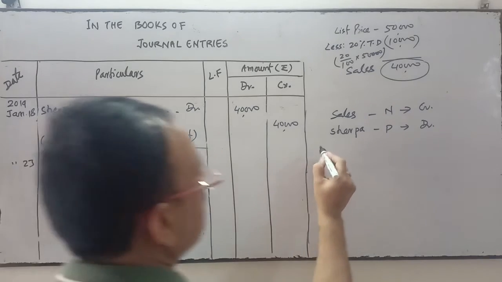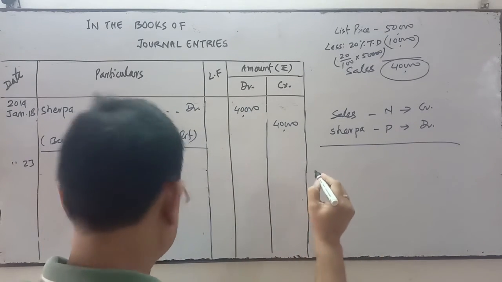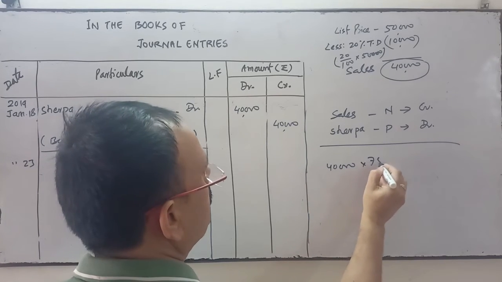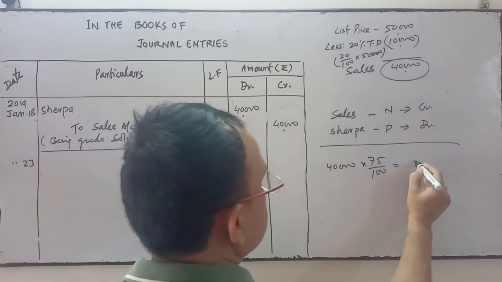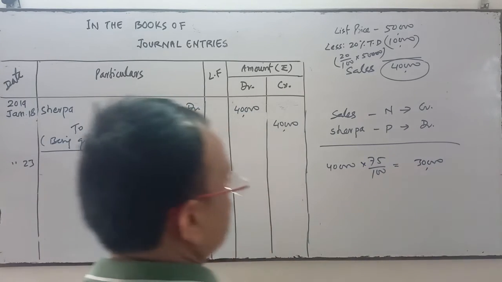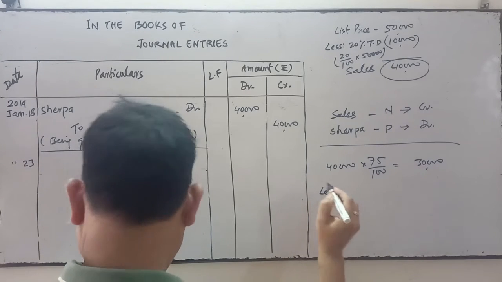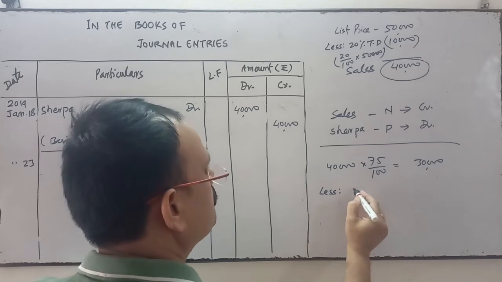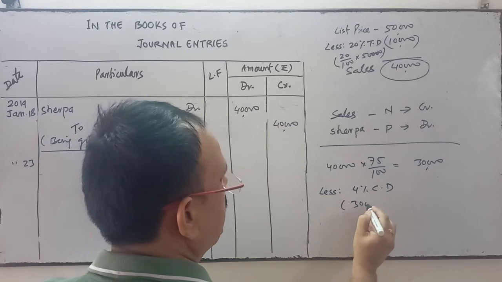On January 23rd, when we are going to do the entry, 75% amount is received. 75% is 30,000. Less cash discount, which is 4%. So calculate the 4% of 30,000.